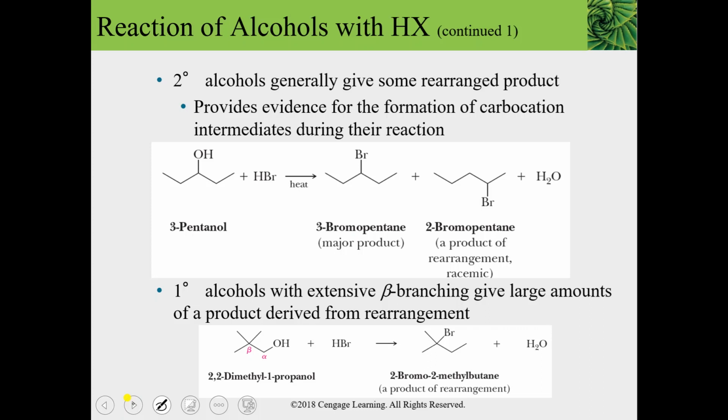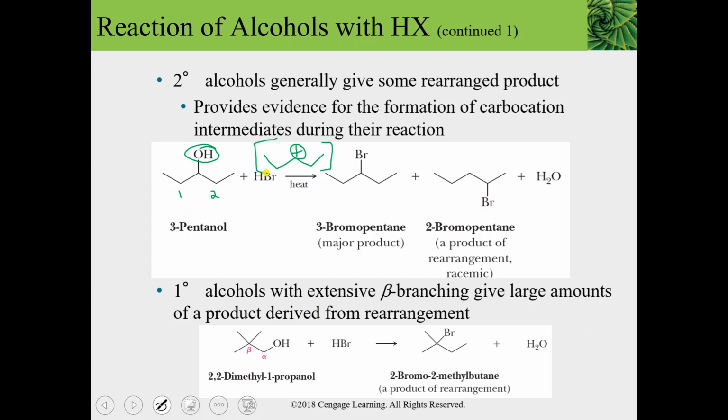So when we have a secondary alcohol, where this hydroxyl group is attached to a carbon that's attached to 2 other carbons, added to HBr with heat, we're going to get a carbocation formation. So our intermediate will be this, and let me indicate that this is the intermediate.